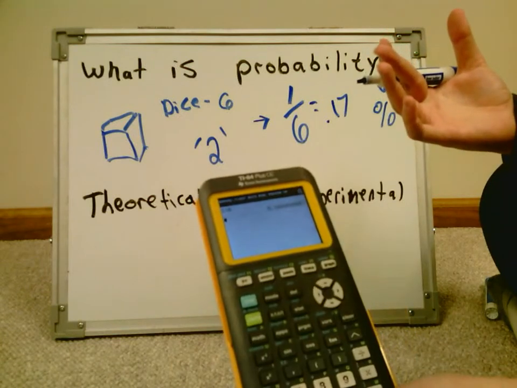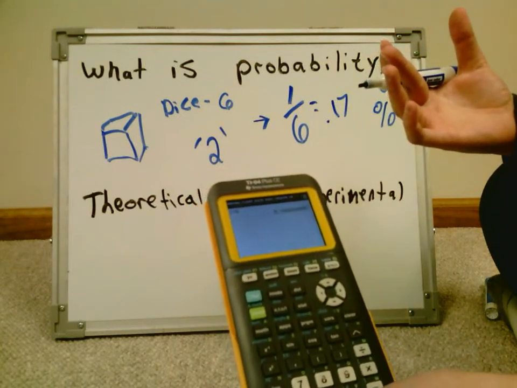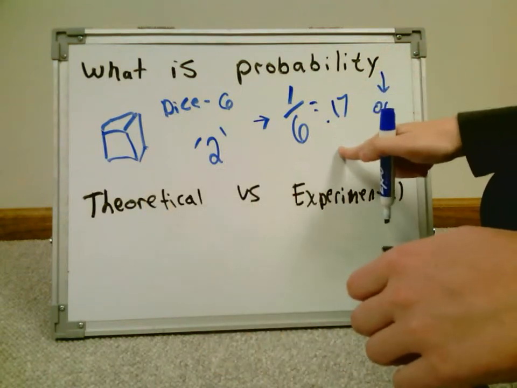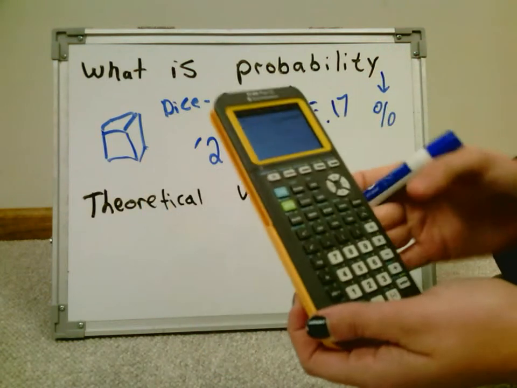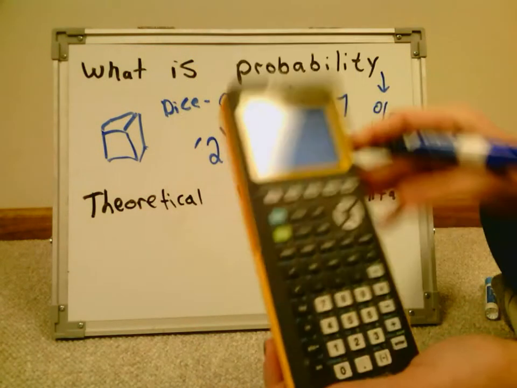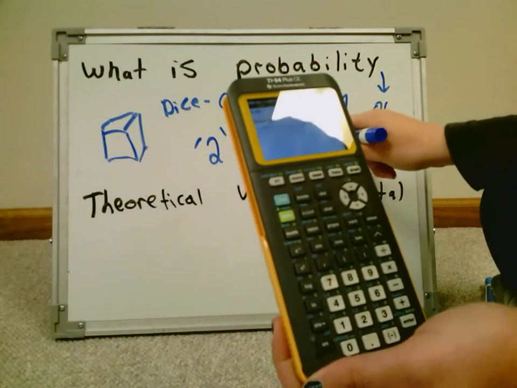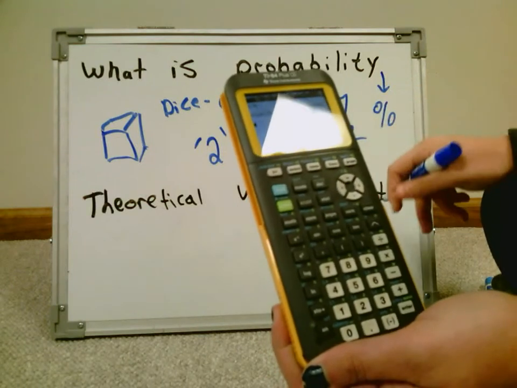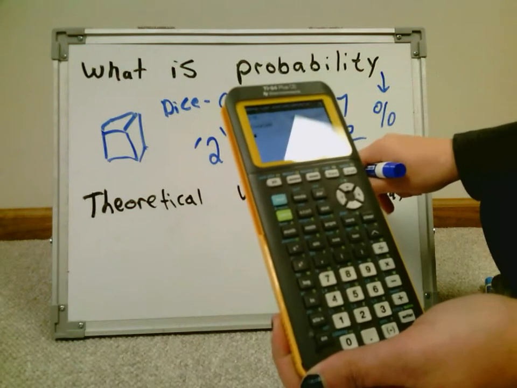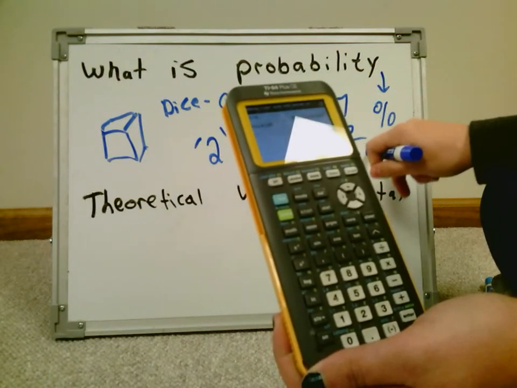Well, hopefully quickly you say multiply it by 100. So if I multiply this by 100, that should give me my percent of about, we'll again round, 16.7%.